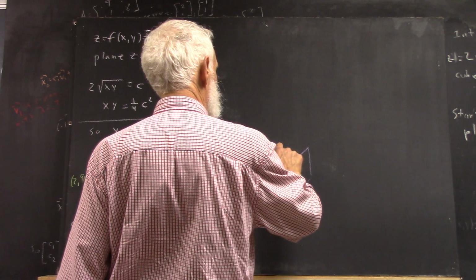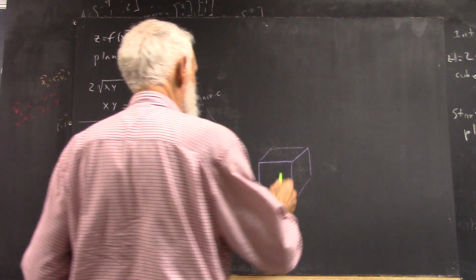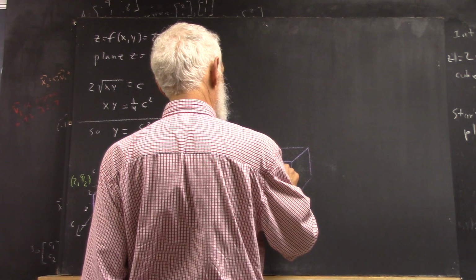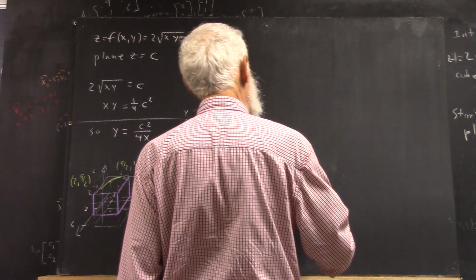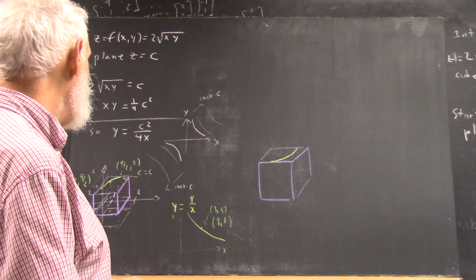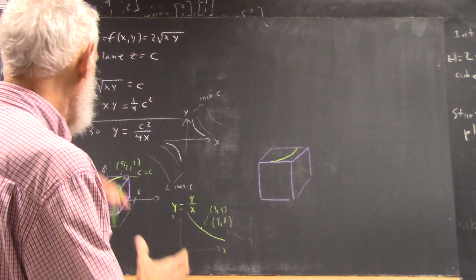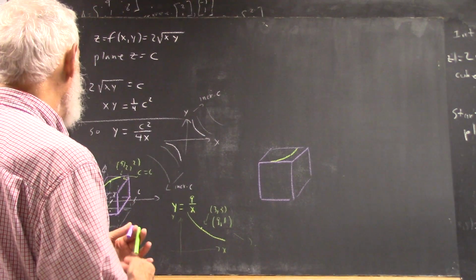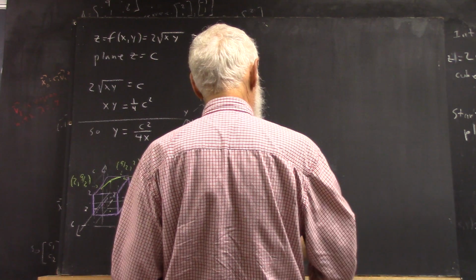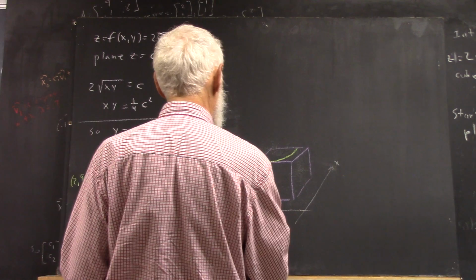I'm not labeling anything. Okay? Now the intersection point is here and goes kind of like this. Okay? So we've rotated the whole coordinate system around so that the x-axis is going back in this direction, the y-axis is going in this direction.